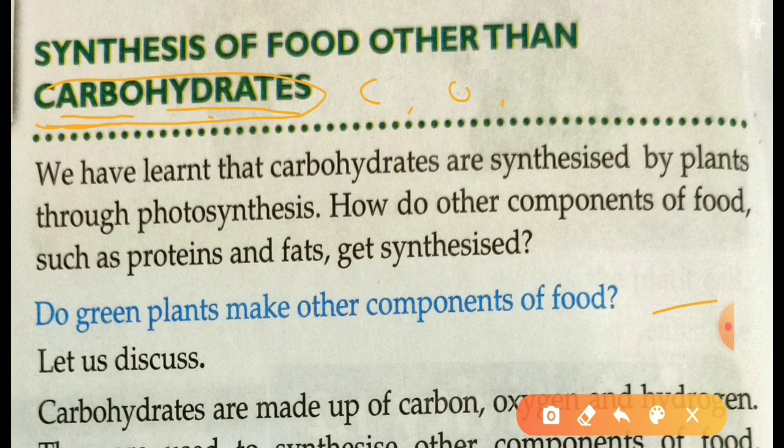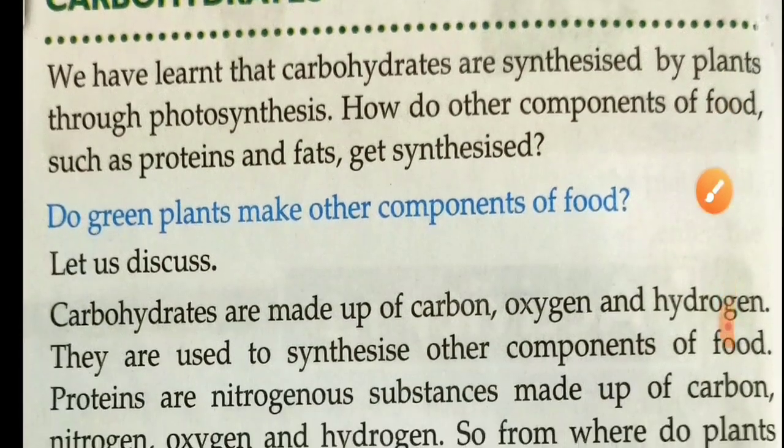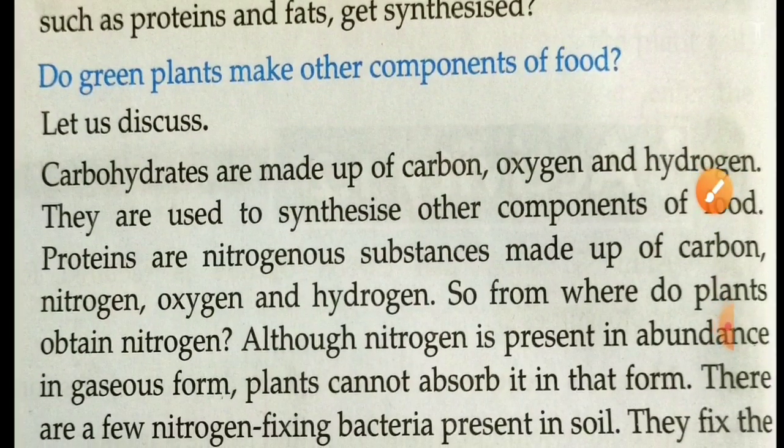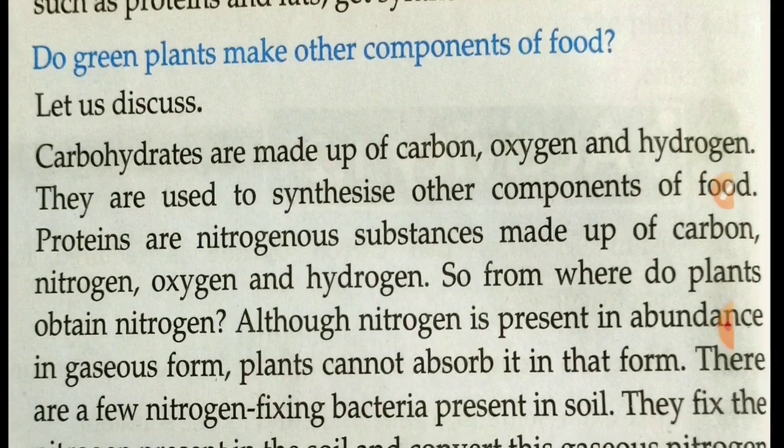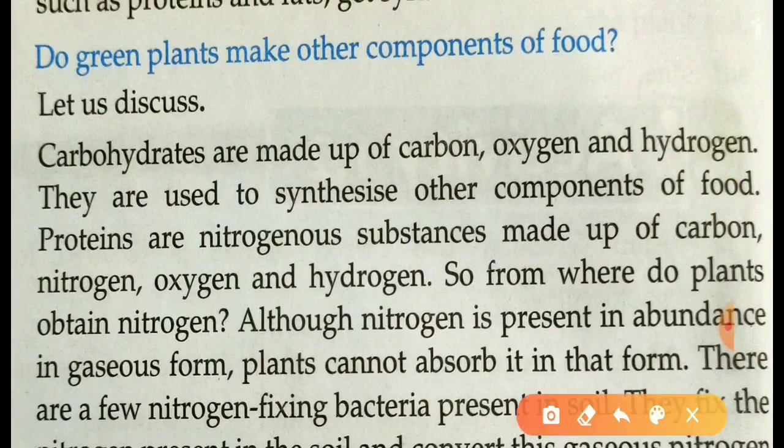We learned that carbohydrates are synthesized by plants through photosynthesis. Now the question is: do green plants make other components of food? One component they make is carbohydrates, made of carbon, oxygen, and hydrogen. Besides this, do they prepare or synthesize any other component during photosynthesis?